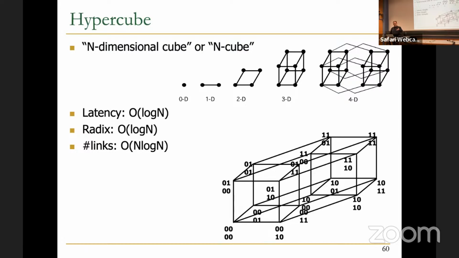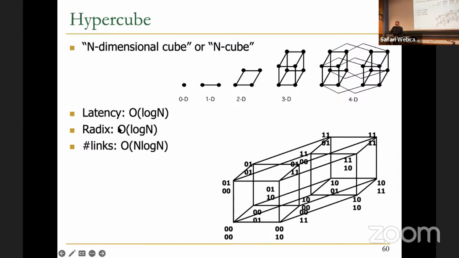You need log n essentially. Talking about 2 to the power n nodes, you need n bits to represent every node. The longest path is from the node all 0s to all 1s, and in every hop, you are fixing one of these bits from 0 to 1. So you need n hops, which is log of 2 to the power n. But here, because we are talking about the n-cube, we are saying that latency is order log n.